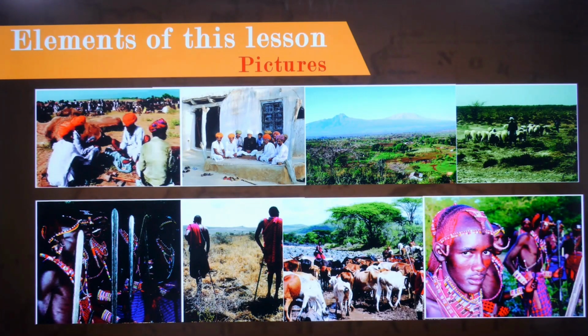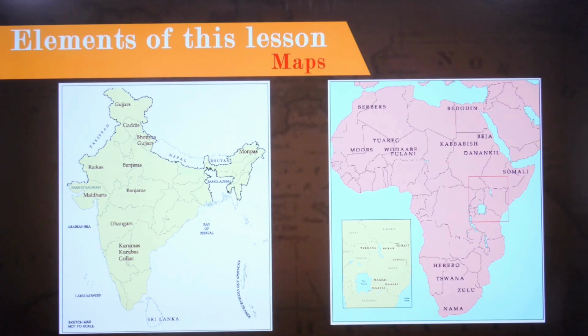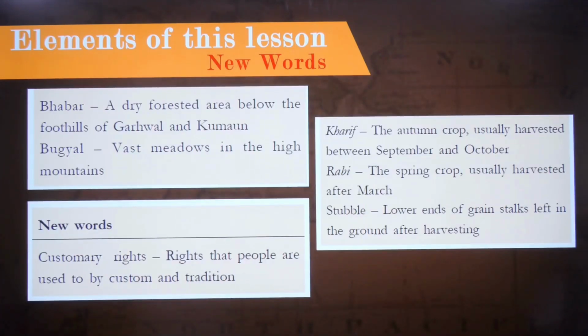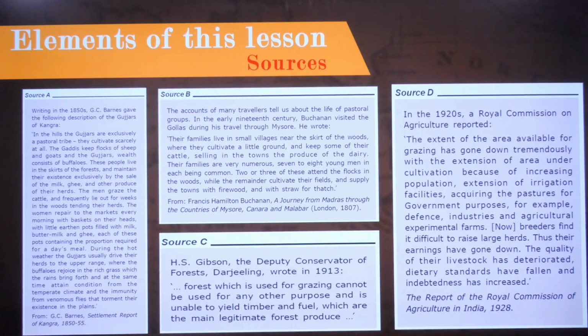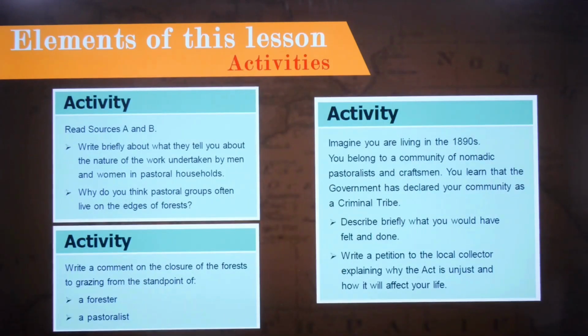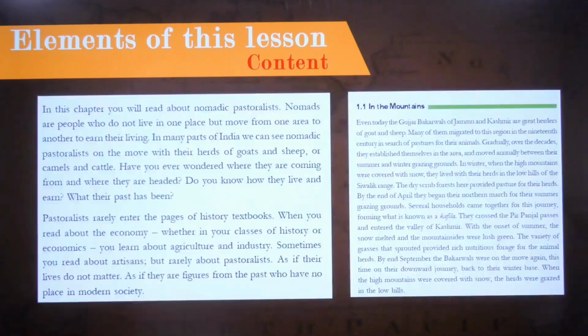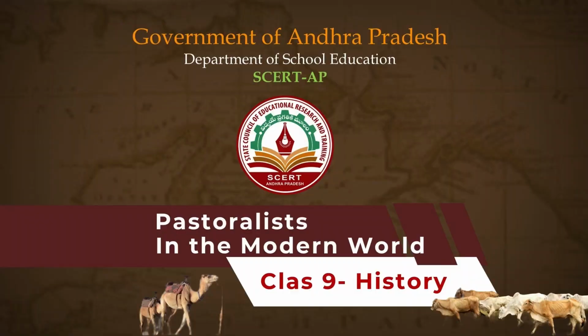And number two, maps. These are the maps in this lesson. Number 3, new words. Number 4, sources. Number 5, activities. Number 6, content. These are the 6 elements regarding this lesson. Murali sir, have you observed these components?